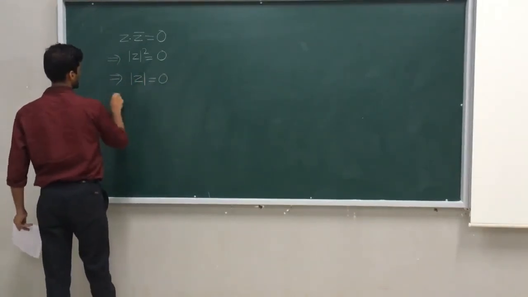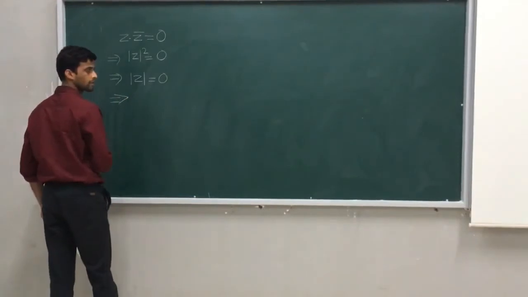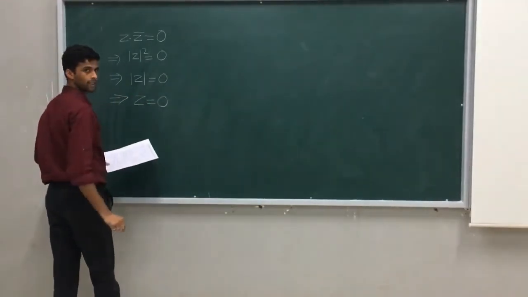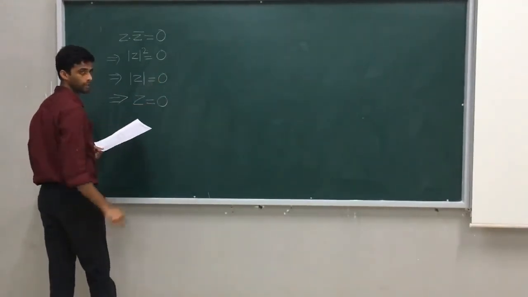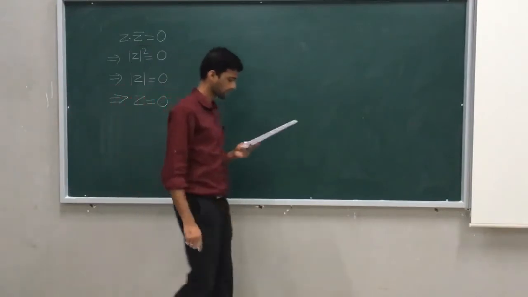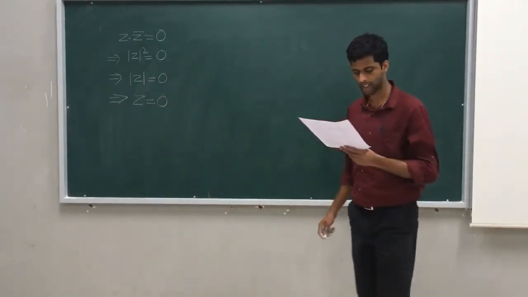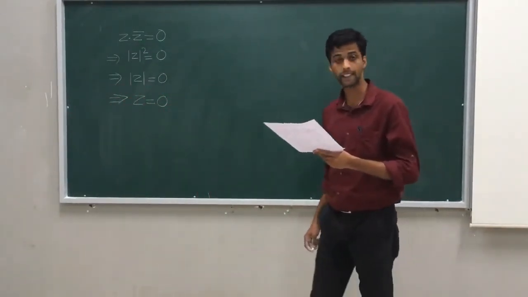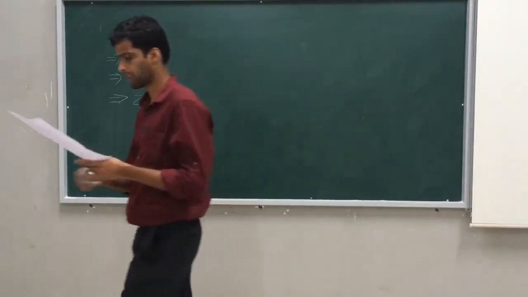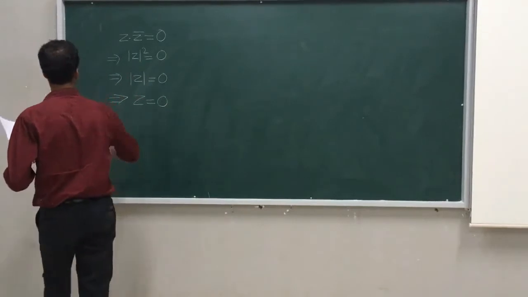And mod z equal to 0 means z equal to 0, right? Then only the modulus of the complex number is 0. Therefore, in this case, the correct option is C, that is z equal to 0. So now we will take the next question.